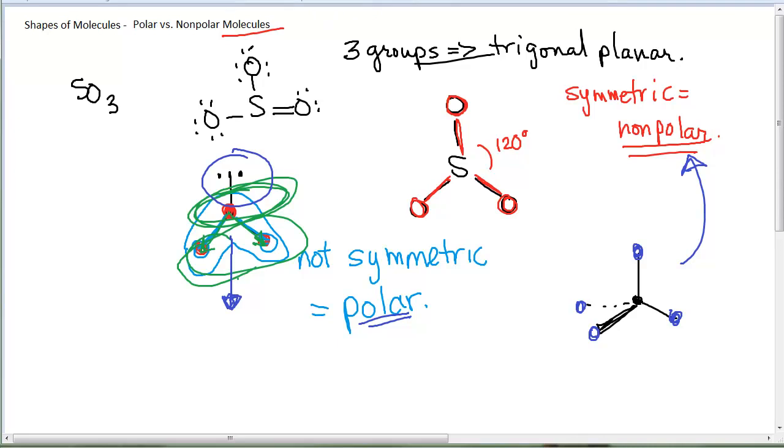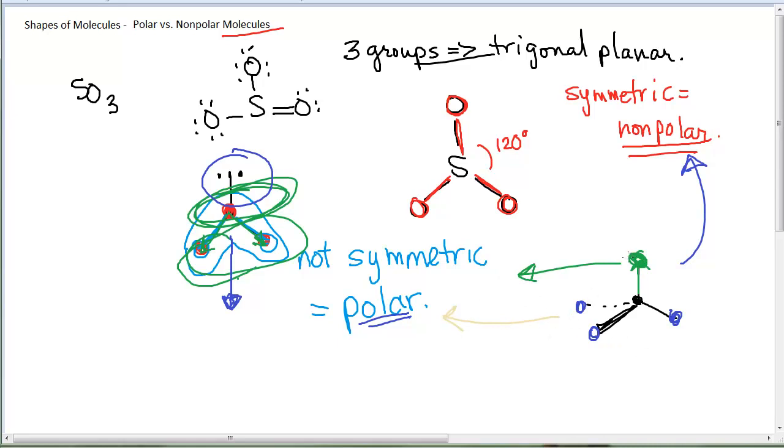But the minute I have a lone pair in any of the positions, that breaks the symmetry, and that gives me a polar molecule. Likewise, if I have, instead of 4 identical atoms around it, an odd atom, now my horse would be pulling with a different strength, which means that this is no longer a symmetric molecule, it's not symmetric, and it's polar.